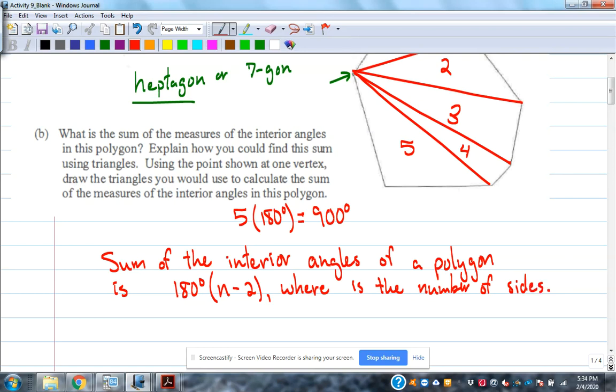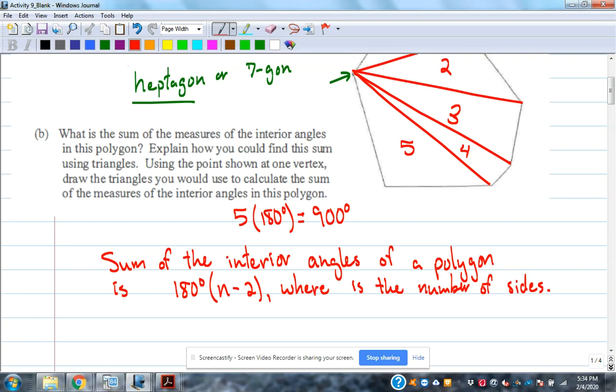That's the formula that you need. Okay, so that works for squares. It works for 167-gons, dodecagons, all of that stuff. So that's the formula that we're using those triangles to meet, because we were able to draw 5 triangles. That's a 7-sided figure, right? 7 minus 2 is 5 times 180. That's the 900 degrees that are in there.